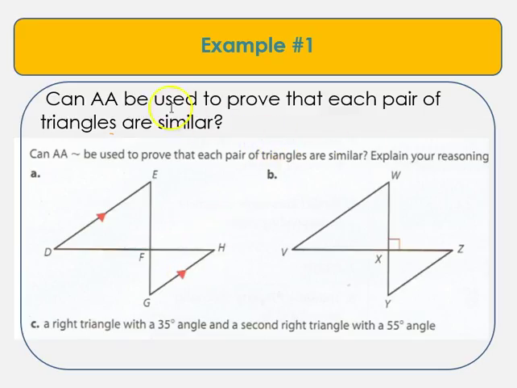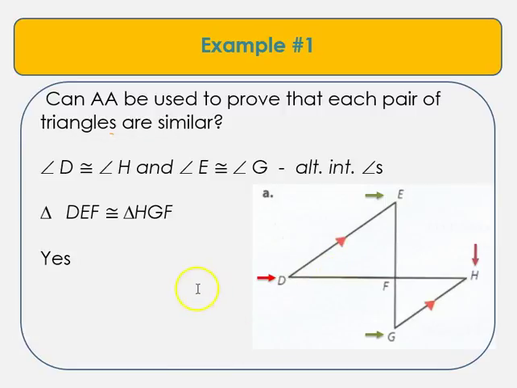Example 1. Can the AA postulate be used to prove that each pair of triangles are similar? And we have these various pictures. They're both the same picture, but we're using different things in the pictures to prove. So let's take it a step at a time.